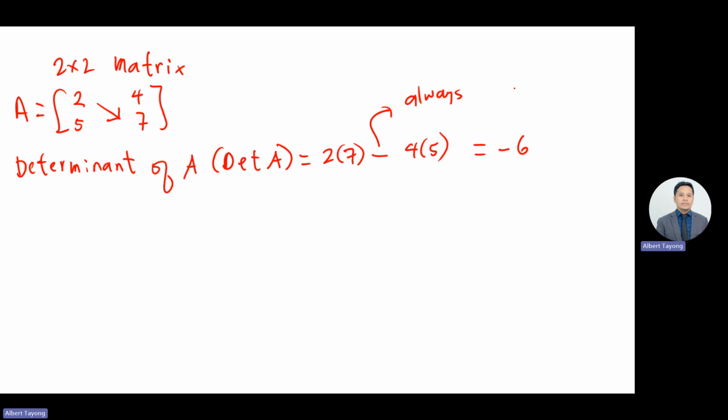The next step is to find the positions of the elements. We have only 4 values here. So we have A11, A12, A21, and A22. A11 means row 1, column 1. Our row is from left to right, and our column is top to bottom.